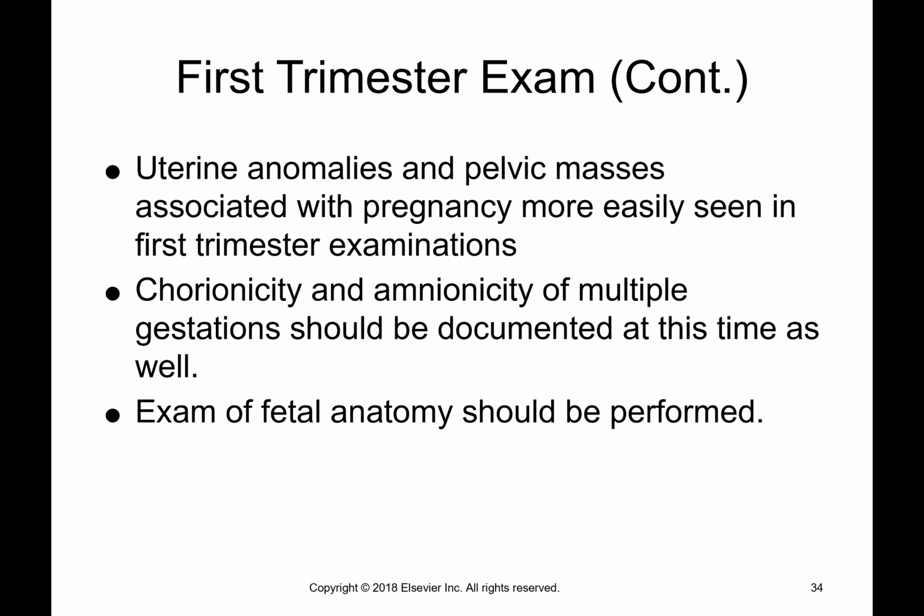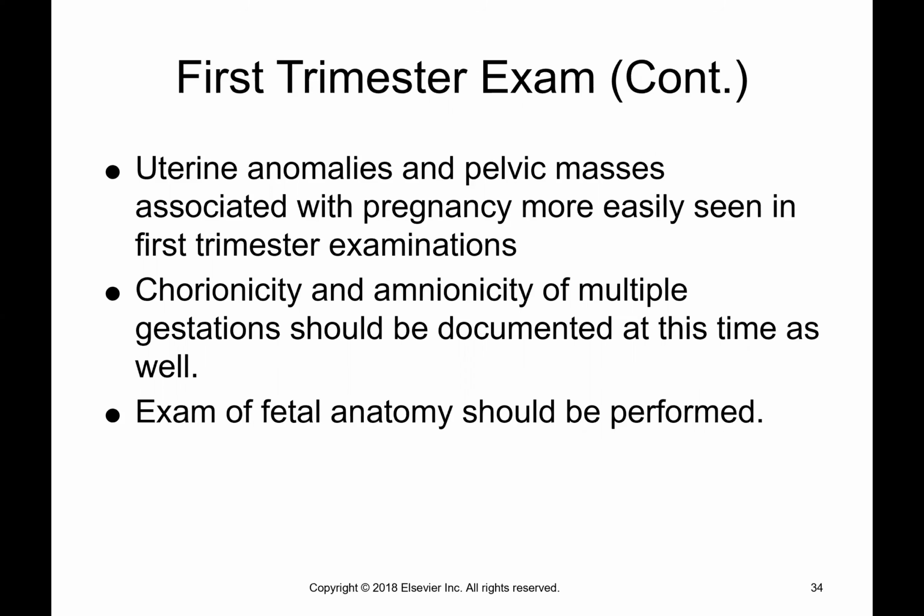You'll be able to see uterine anomalies easier in the first trimester than you will in the second trimester. So if a patient comes in with a uterine didelphys, or 2 uteruses, if you remember, that'll be easier to evaluate in the first trimester. Multiple gestations are also easier to see in the first trimester to determine the chorionicity and the amniosity.